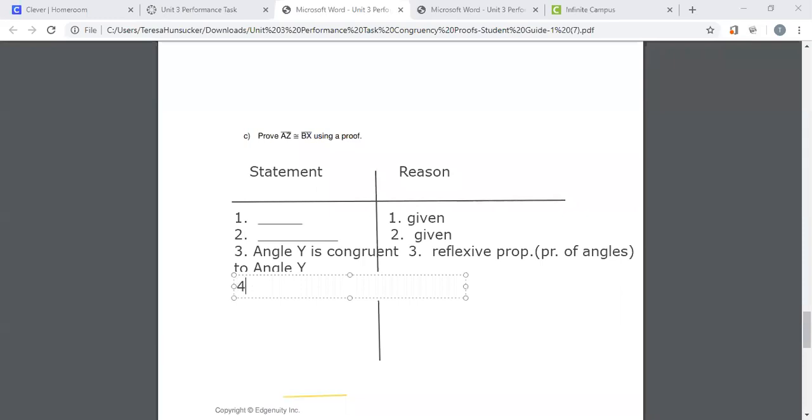So you would say triangle, whatever that was called, is congruent to triangle, whatever they're called.